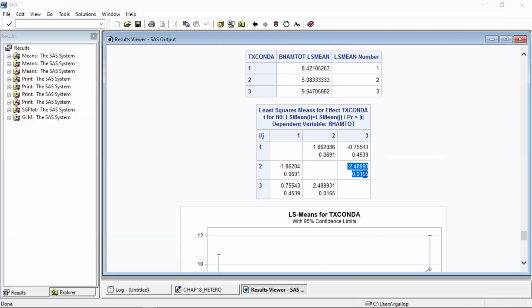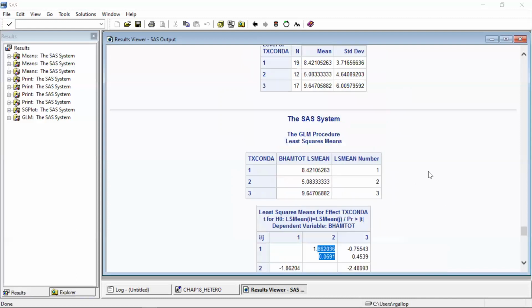So on average, treatment 2 is statistically superior to treatment 3 in the treatment of depression amongst these individuals with family history of depression. So that's pretty cool. There's a trend for 1 versus 2, that 0.069 p-value.